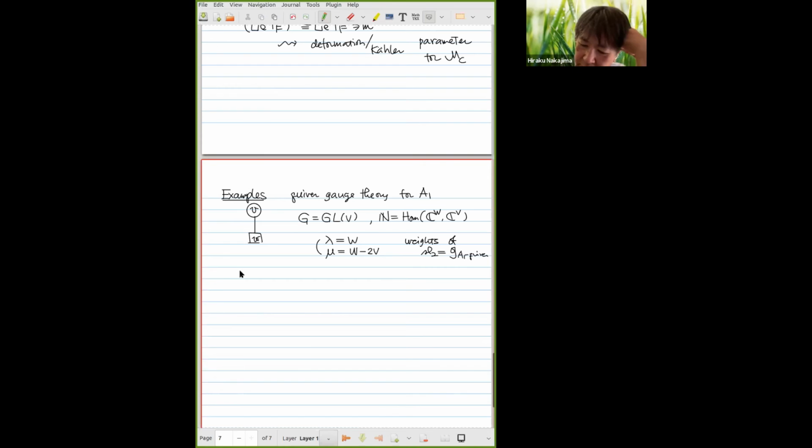Okay, then I first start with the Higgs branch. So M_H of lambda, mu. If I don't put the FI parameter here, then I just consider the non-perturbed one, or maybe the FI parameter I just take 0.